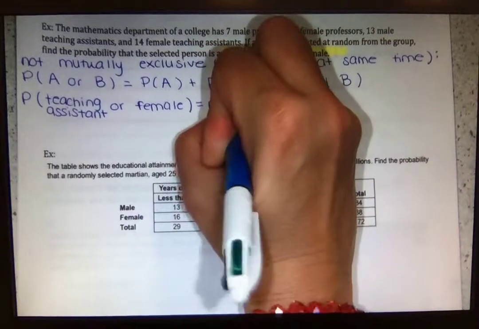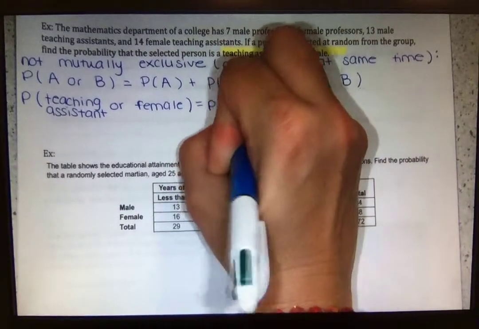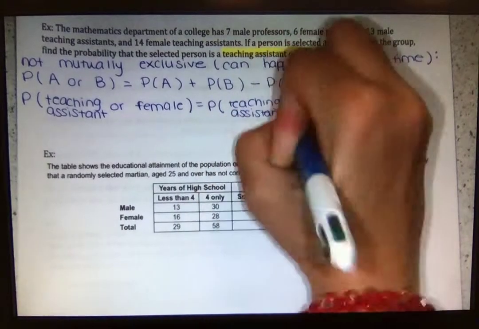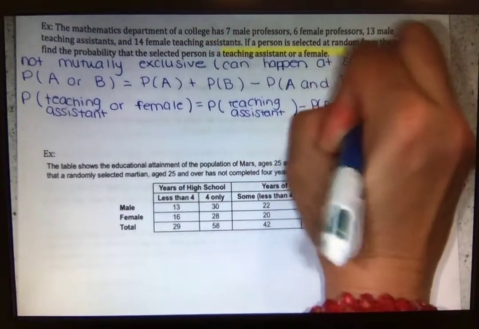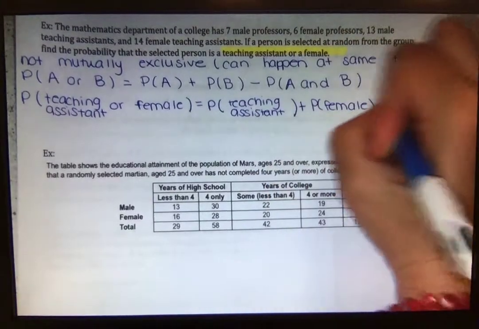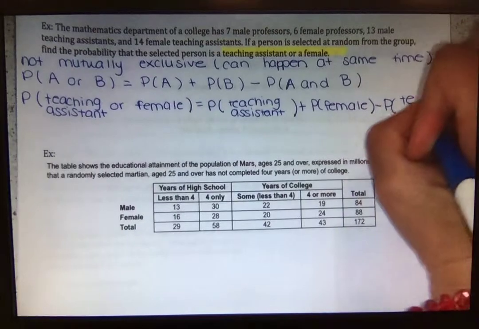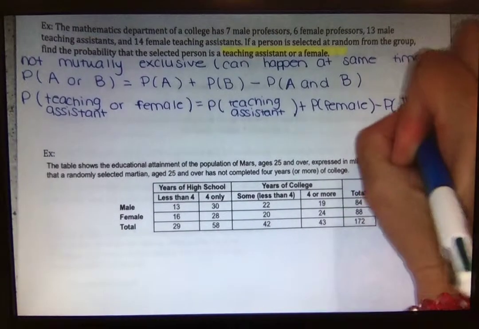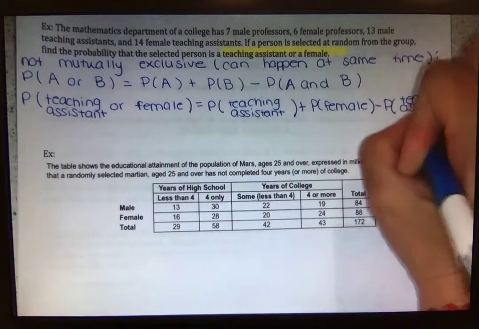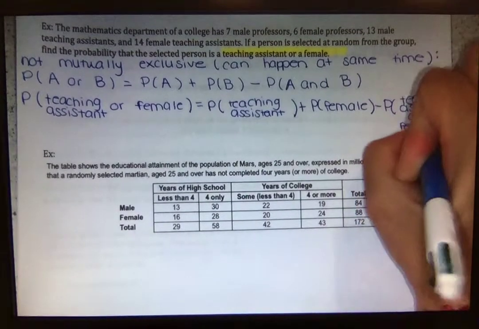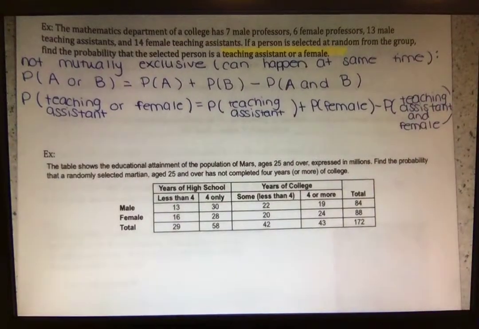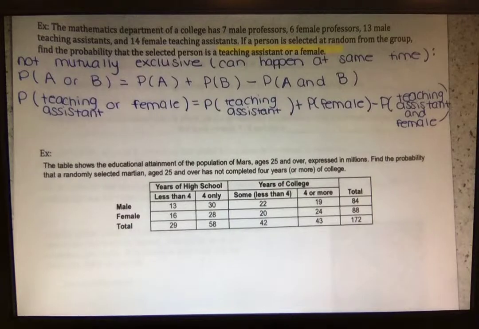So that means the probability of being a teaching assistant plus the probability of being a female, minus the probability of being both a teaching assistant and female. So now all we have to do is plug in our numbers.